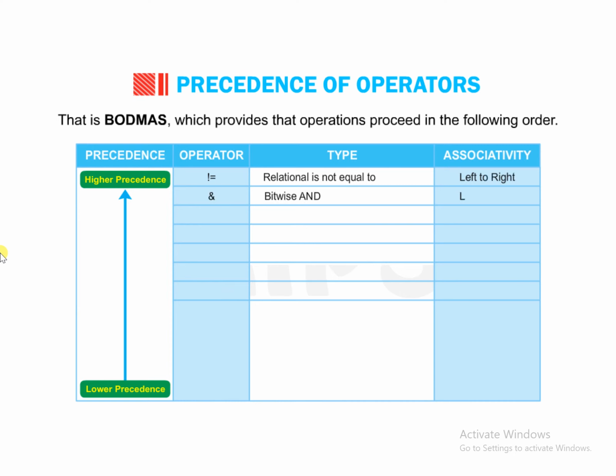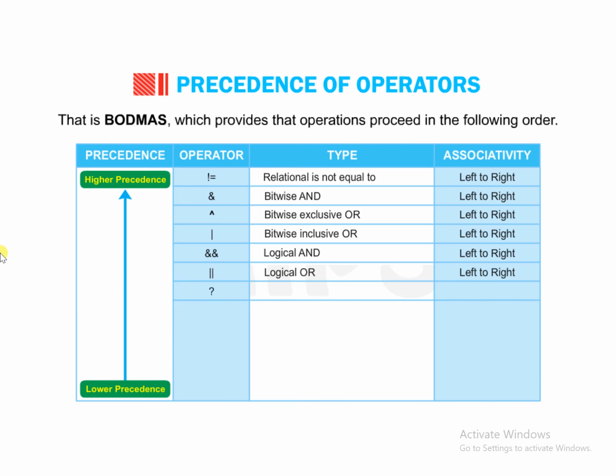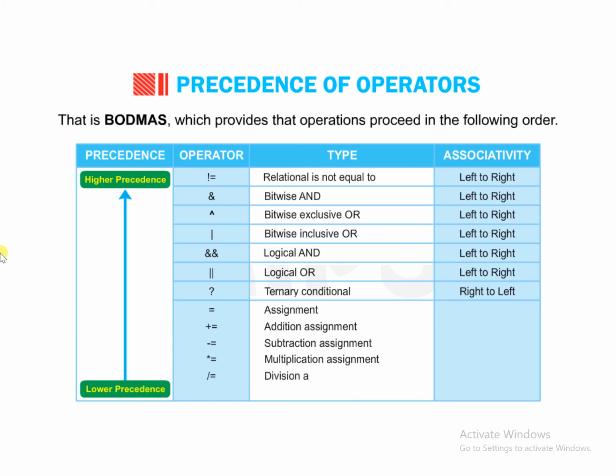Bitwise and, left to right. Bitwise exclusive or, left to right. Bitwise inclusive or, left to right. Logical and, left to right. Logical or, left to right. Ternary conditional, right to left. Assignment, addition assignment, subtraction assignment, multiplication assignment, division assignment, modulus assignment, right to left.